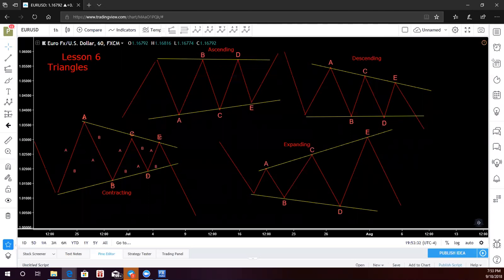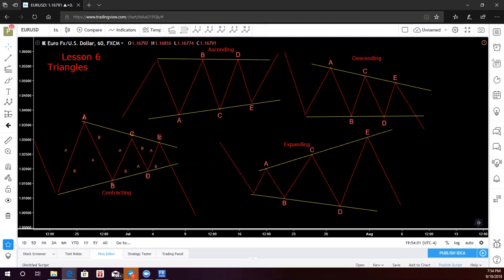Now, what are triangles? Triangles are a corrective movement, usually sideways movement, that is associated with a decrease in volatility, basically in a downtrend. So triangles do have 5 sides, and each wave consists of 3 subwaves.